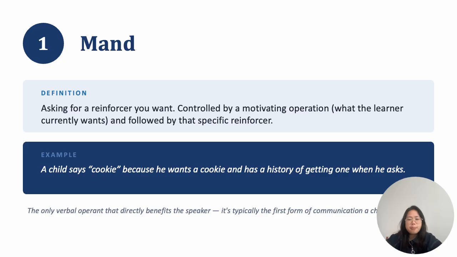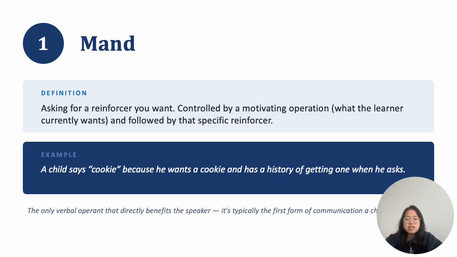The first operant is the mand. A mand is asking for a reinforcer you want. It's controlled by a motivating operation, meaning whatever the learner currently wants, and it's followed by that specific reinforcer. For example, a child says cookie because he wants a cookie and has a history of getting one when he asks for it.